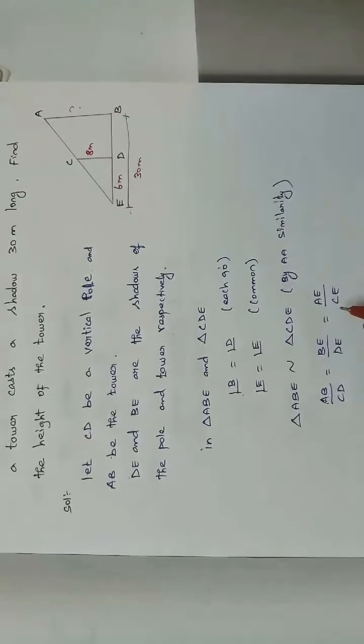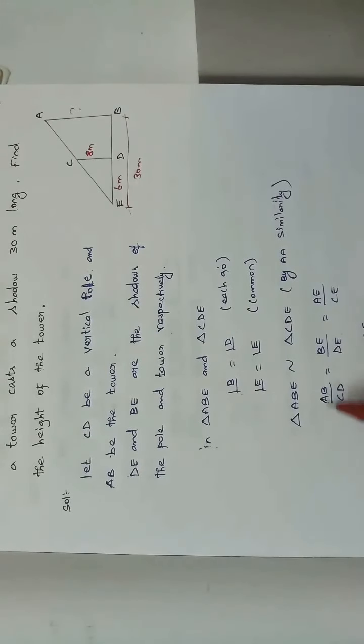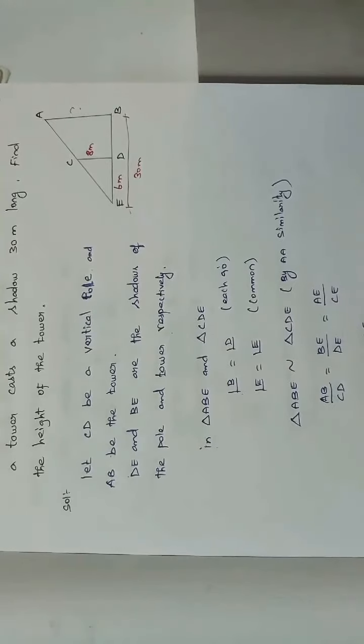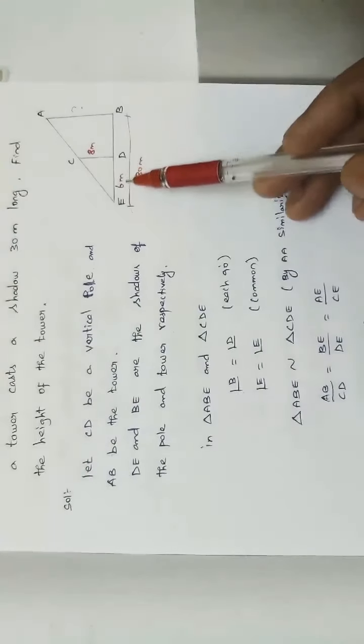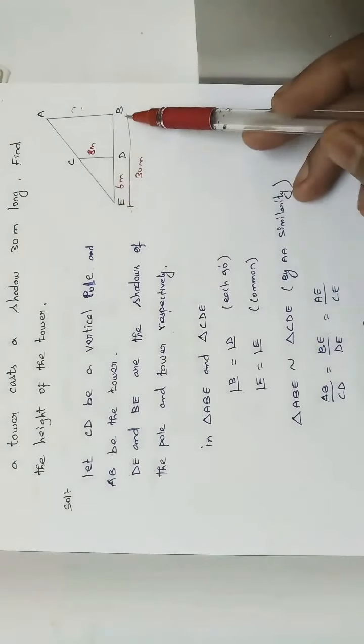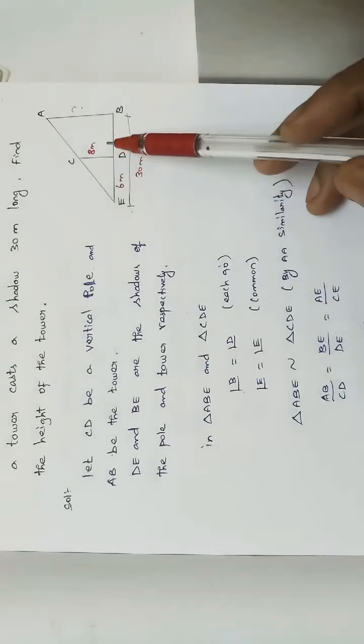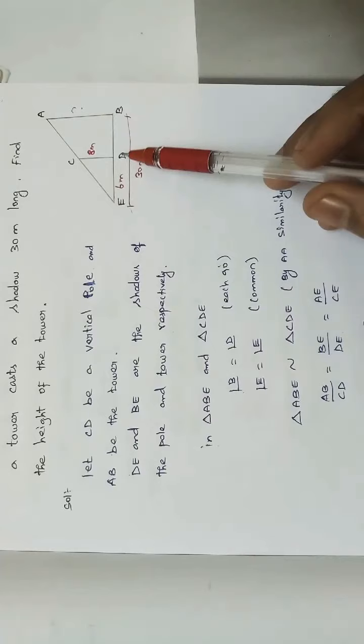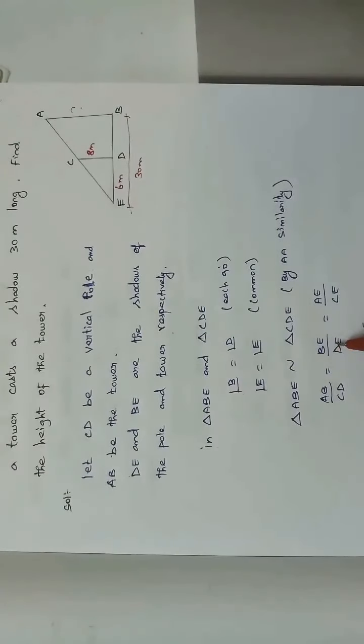Among these three ratios, we need only two sides. We know the shadows ED and EB, we know DC, and we want to find AB. So I'm choosing ED by EB.